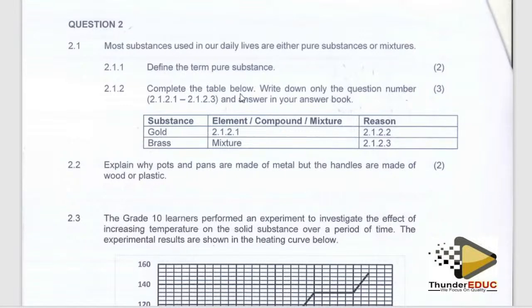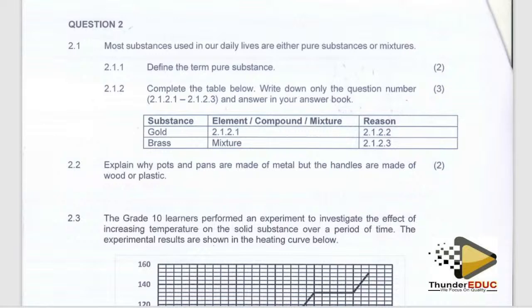They're asking what is a pure substance. When you talk about the definition of a pure substance, what comes into your mind? A pure substance is a substance formed from constant composition, and its properties are the same throughout, meaning the matter which makes up this substance is the same.